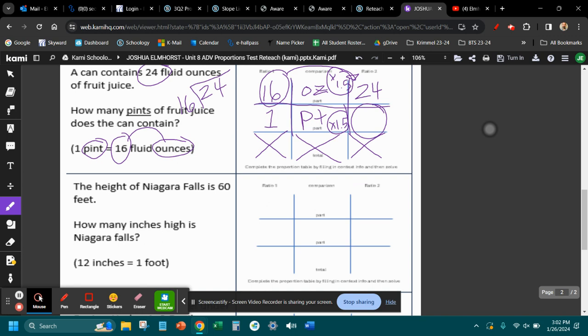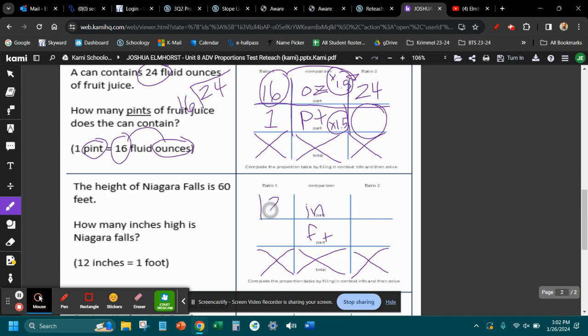So go to the next one, inches and feet. Inches and feet, these are not like items, so we're not going to do total. How many inches high is Niagara Falls if it's 60 feet?